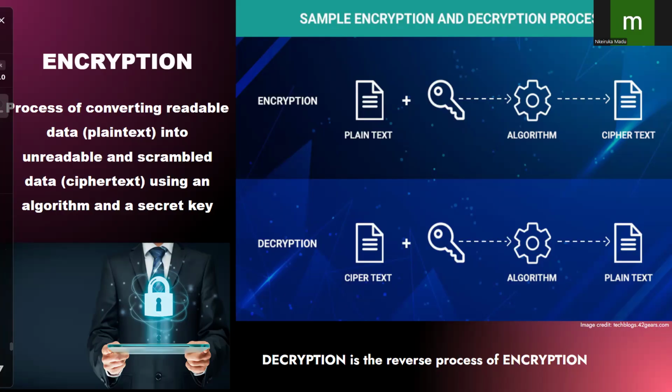In the decryption process, you start with the ciphertext, the one that has been scrambled, and then you use the same key and algorithm that was used in the encryption to do a reverse engineering and come back to the plain text. So in encryption, you start with a plain text. In decryption, you start with the ciphertext.